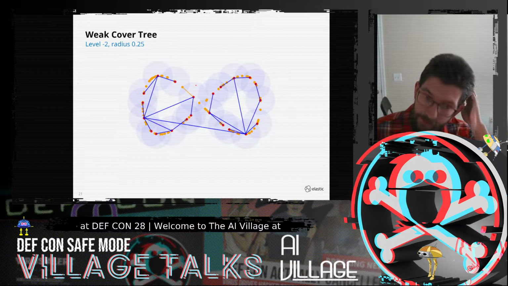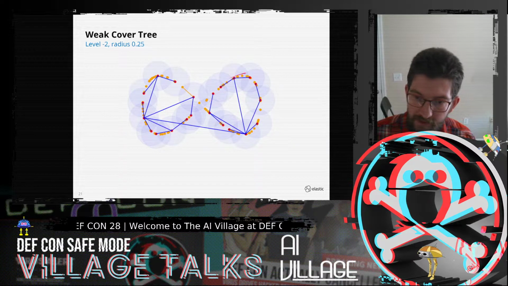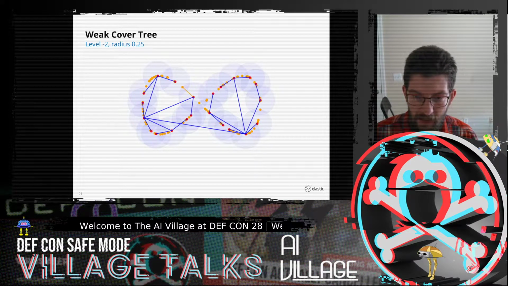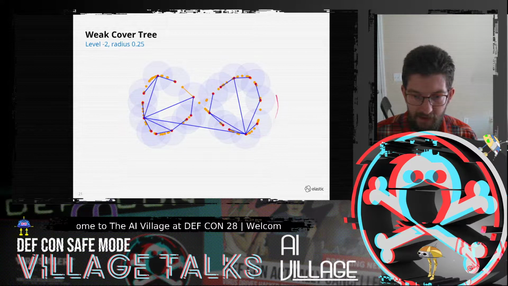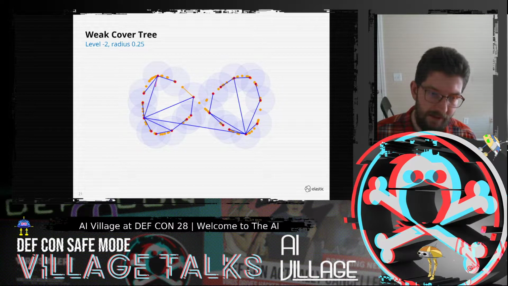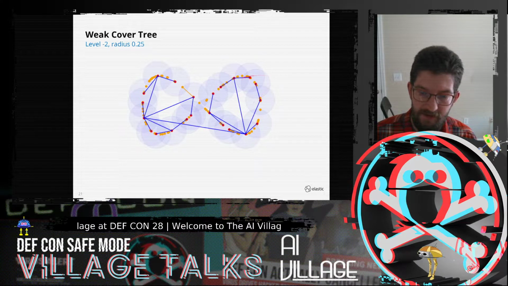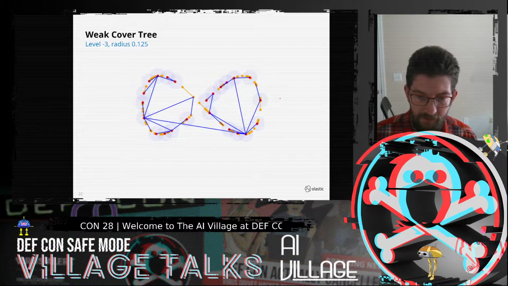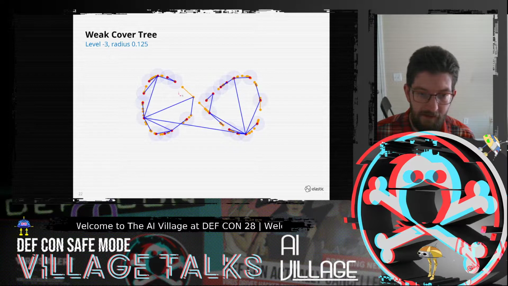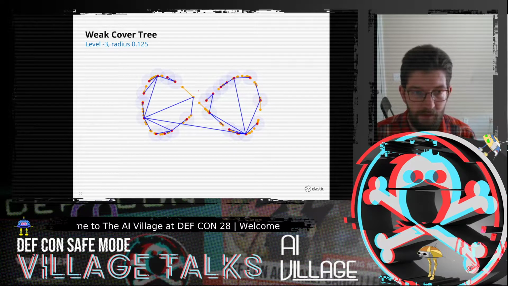If I go down further, it's starting to split up a bit more, and I can see my cover tree has matched this shape. I've reduced the number of points I have to pay attention to, because I only have to pay attention to the centers, and I know the rest of my points are covered by that. I can go down further, reduce my data some more, and exclude some of the outliers where there's not quite enough data.